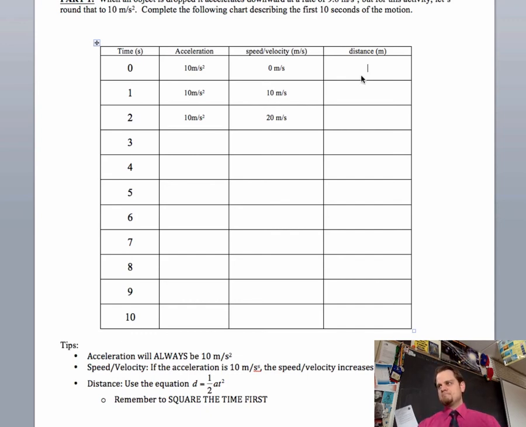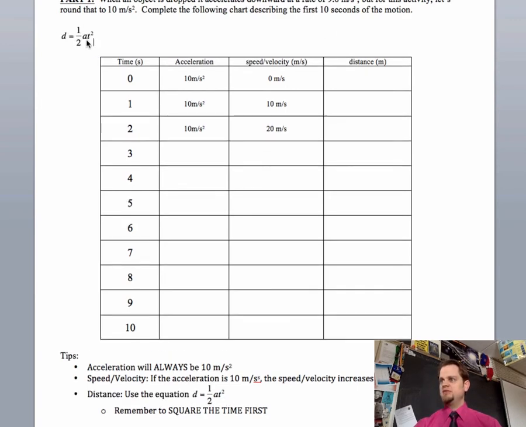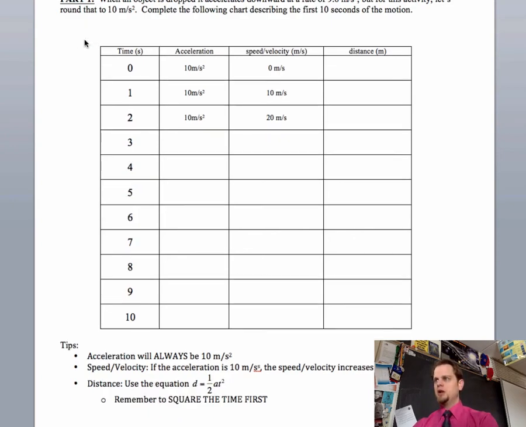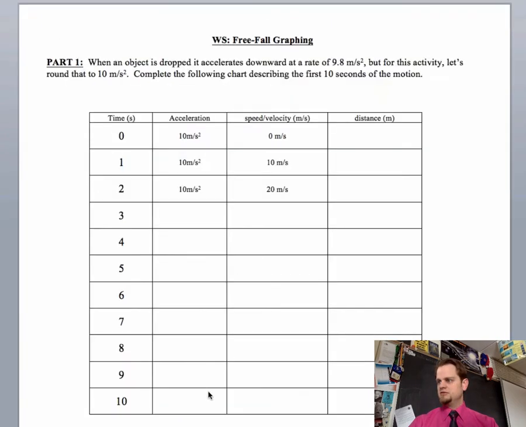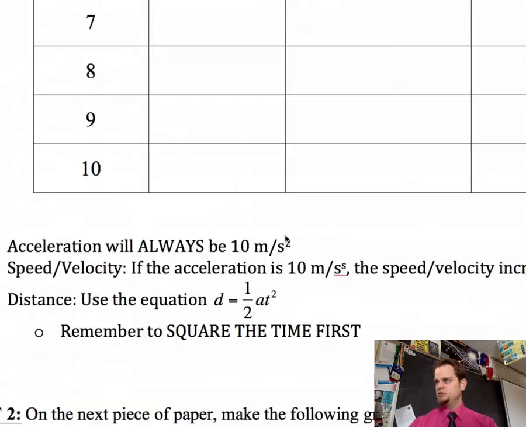Now the distance. We have to use this equation here. D equals 1/2 AT squared. That's the one that we have to use. All right, that's going to help us out. Let me zoom in on it.